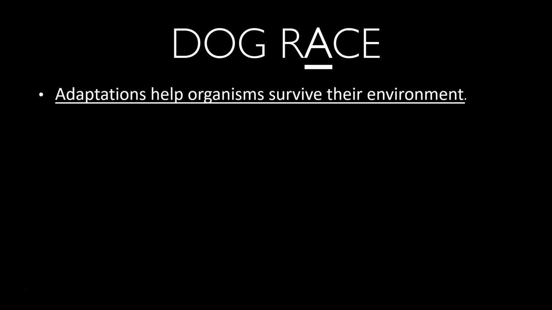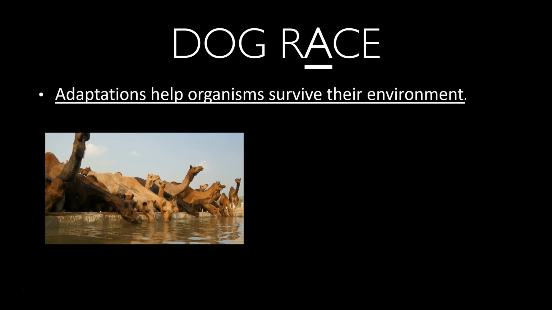Next, we have adaptations. Adaptations allow an organism to better survive the environment. So for example, these camels, a big adaptation for camels is their ability to drink massive amounts of water. They can hold up to like 50 gallons of water because in the desert, it's rare for them to come across more water.